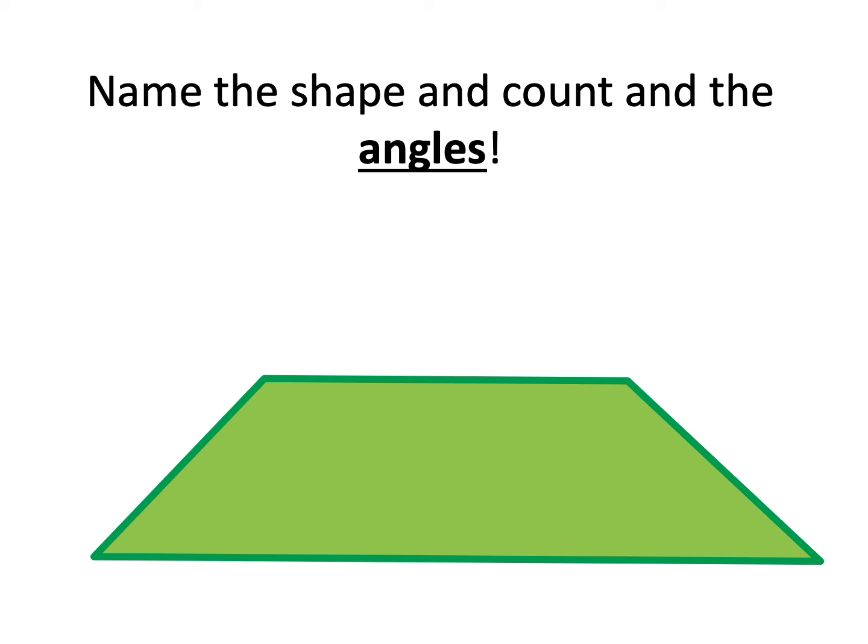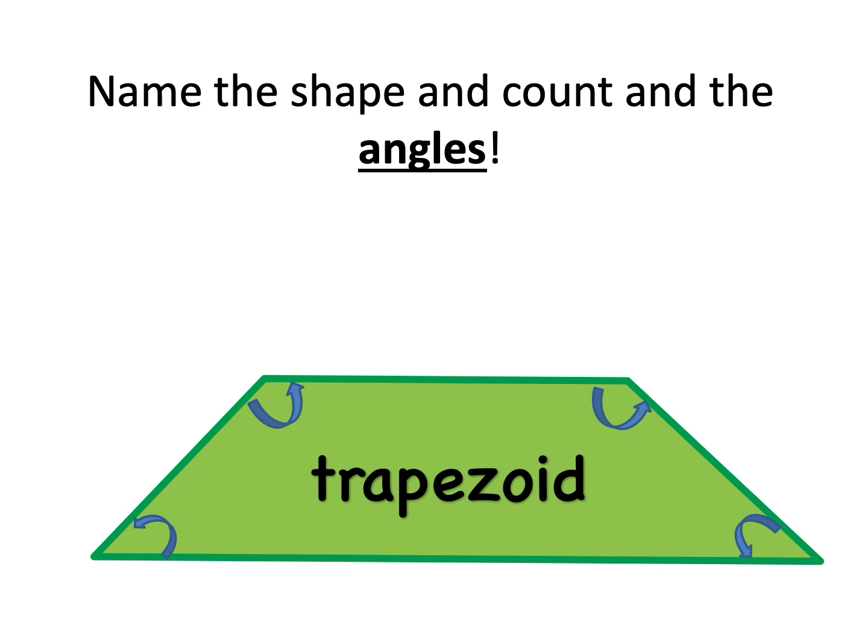Look at this one, boys and girls. Can you tell me the name of this shape and can you count the angles? Let's count the angles. 1, 2, 3, 4 angles. What's the name of this shape? Trapezoid. Very good. Let's look at the next one.